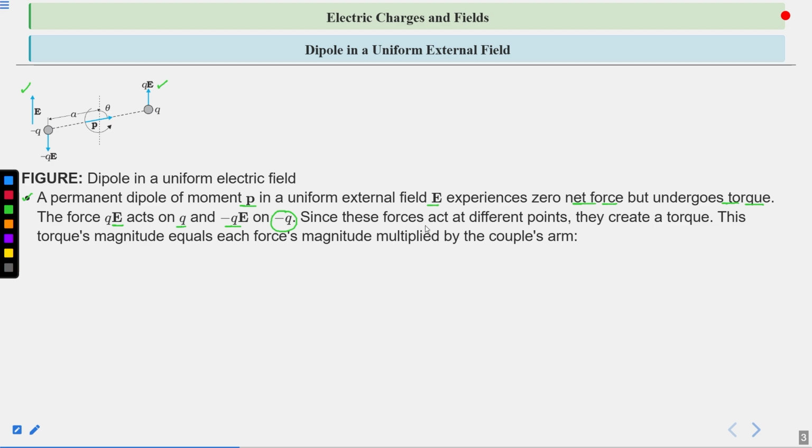Since these forces act at different points, first acting on charge minus q, second acting on plus q, therefore these forces at different points create a torque. So, due to this phenomenon, they create a torque. The torque's magnitude equals each force's magnitude multiplied by the arm of the couple.